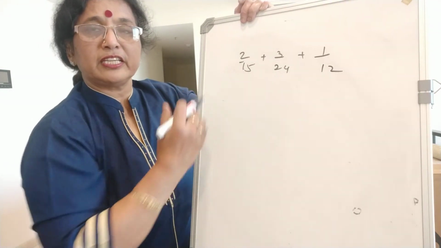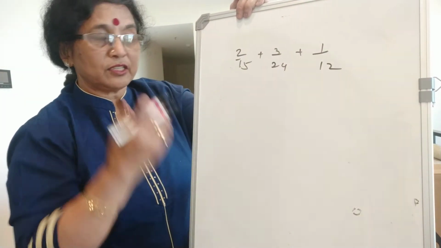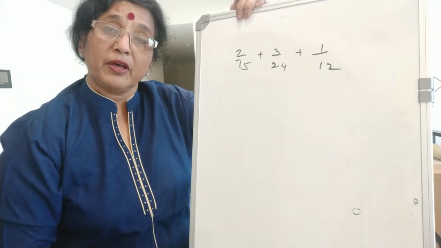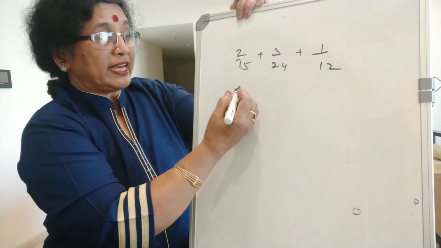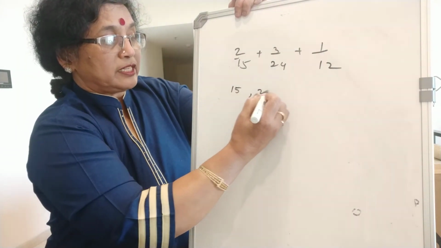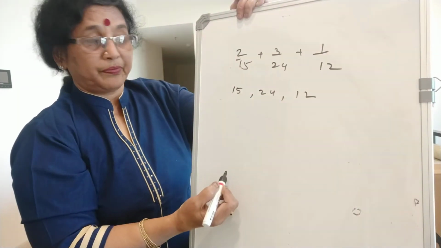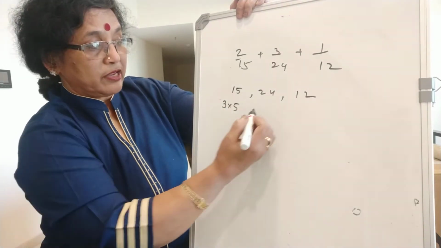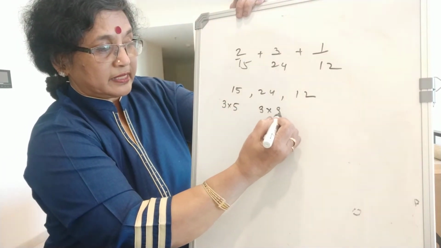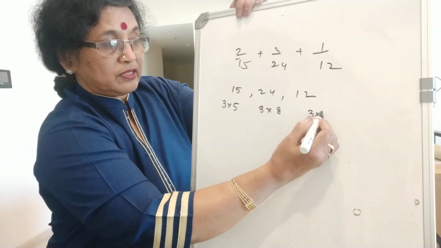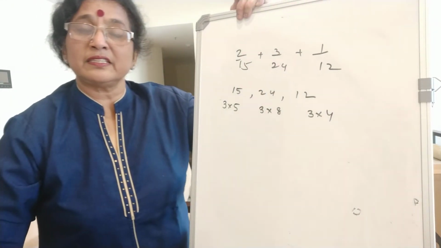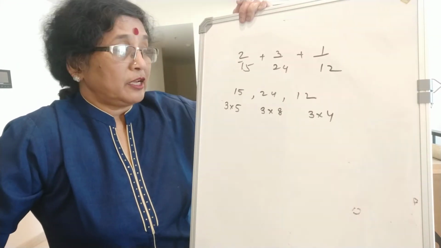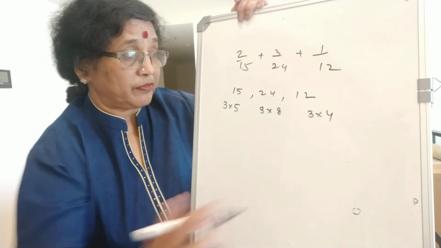You can do the traditional way, but for higher classes you want to finish off fast. Some know mentally also what the LCM of 15 and 24 is. So let us take 15, 24 and 12. So here it is 3 and 5, right? And here it is 3 and 8, 24, and this is 3 and 4. So 3 is the highest common factor of 15, 24 and 12.